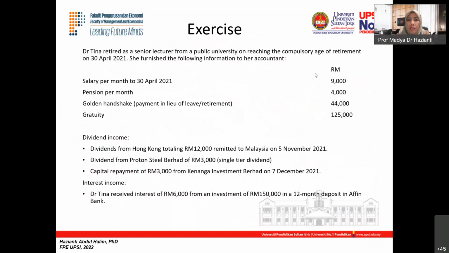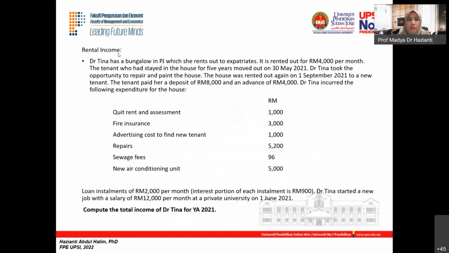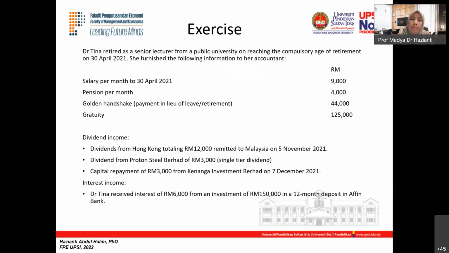Dia dapat gaji lah, pension lah, gratuity lah, dividend, interest, rental. So kita nak kira total income untuk Dr. Tina ni for year assessment 2021. So you can expect this kind of question for your exam nanti or for your exercises nanti lah. Kita akan buat yang komprehensif macam ni.